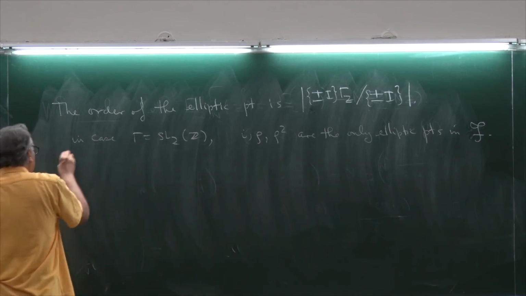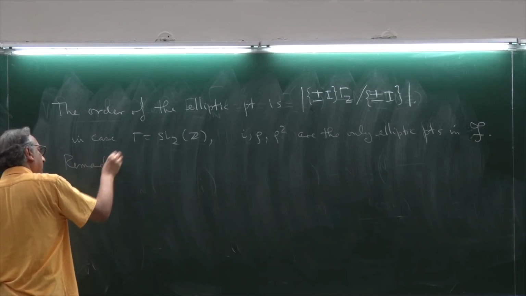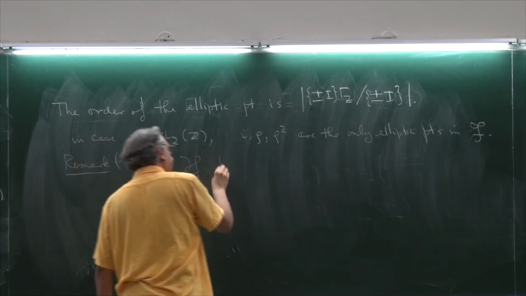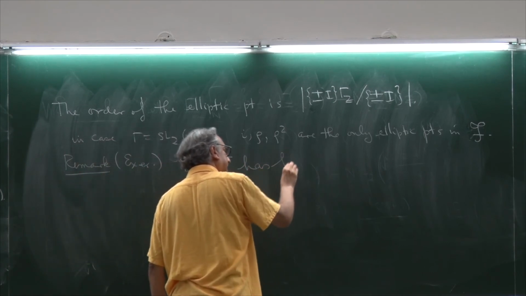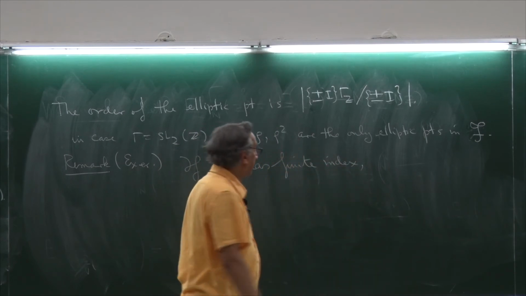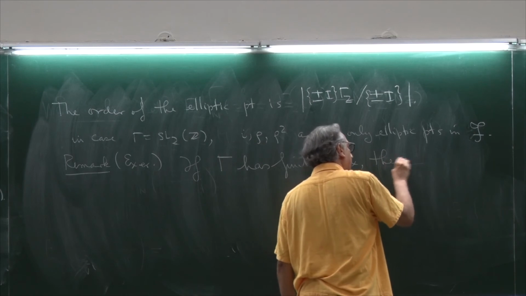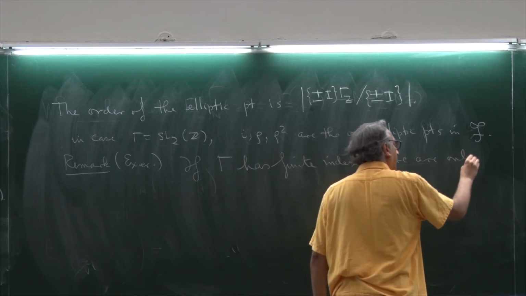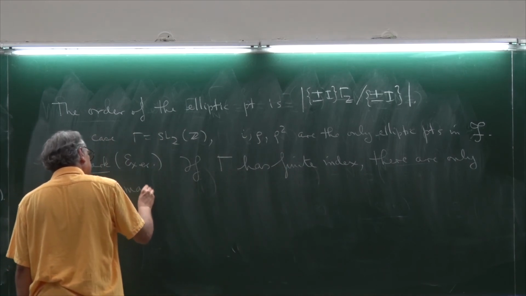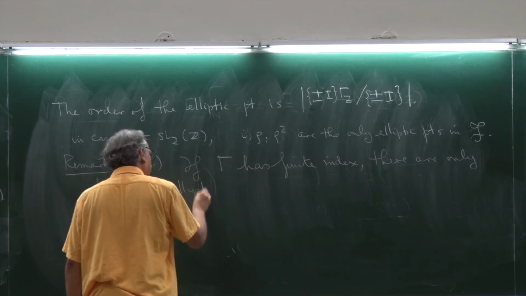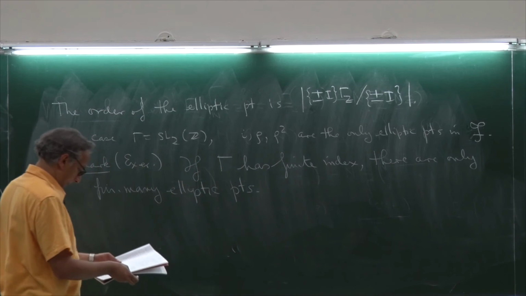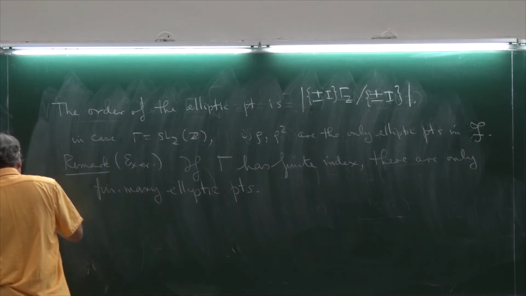And some remark, exercise or remark. If gamma has finite index, there are only finitely many elliptic points. And so now the valence formula is the following theorem.